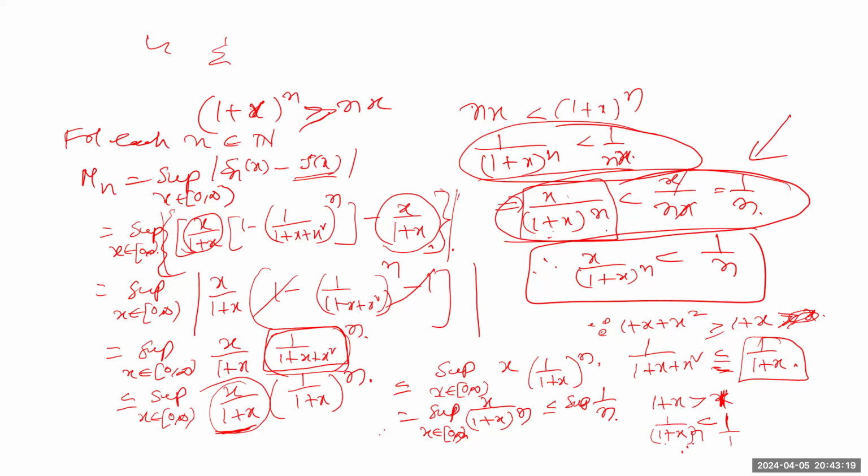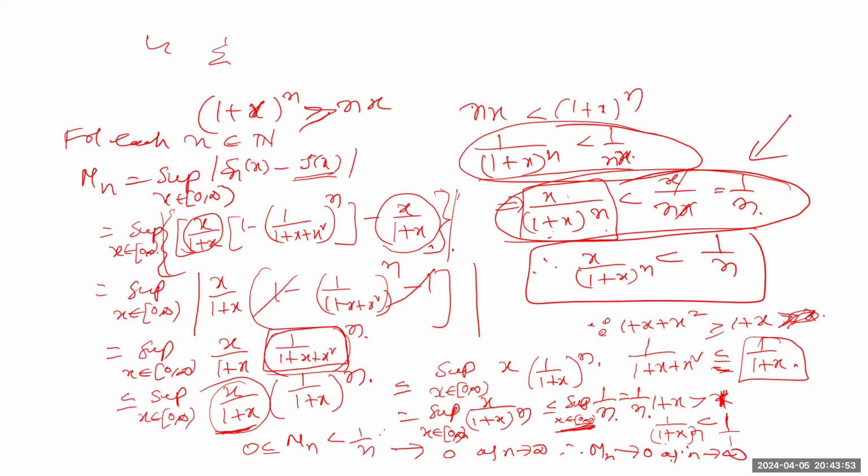So finally the supremum of 1 over n, where x belongs to 0, comma infinity. There is no x, so simply that is 1 over n. This is my mn. So 0 is less than or equal to mn is less than 1 over n. This tends to 0 as n tends to infinity. Therefore, mn tends to 0 as n tends to infinity.